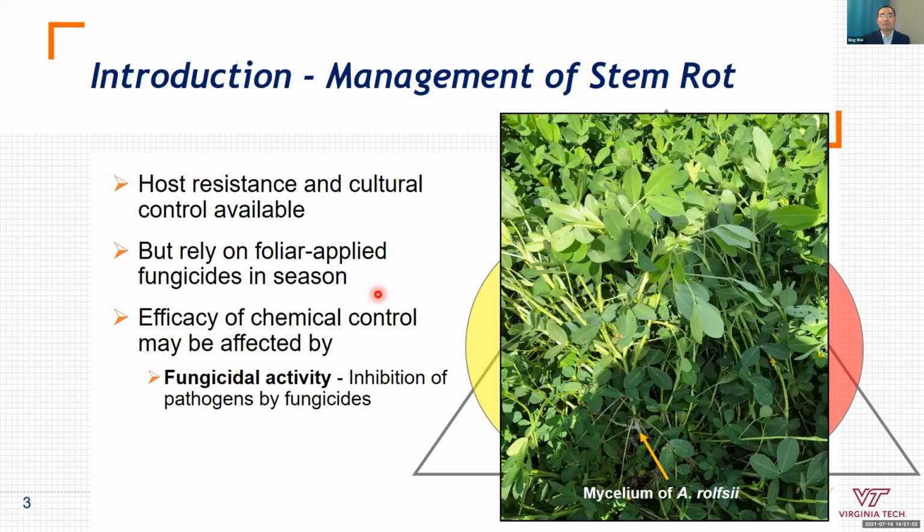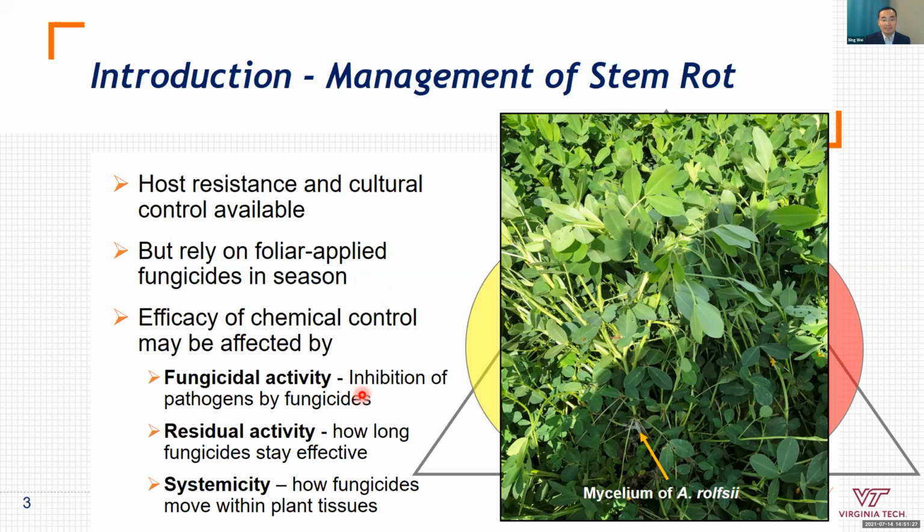The efficacy of chemical control can be affected by several factors. The first one is the fungicidal activity of those products, which is how active those fungicides are in inhibiting the pathogen growth. The second one is the residual activity, which means how long those fungicides can stay effective after being applied.